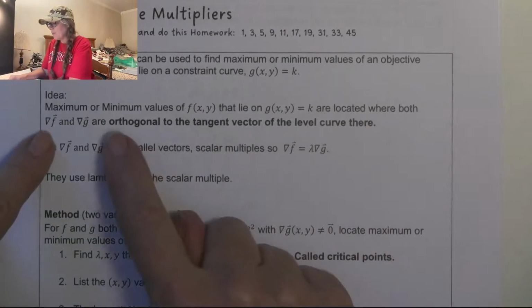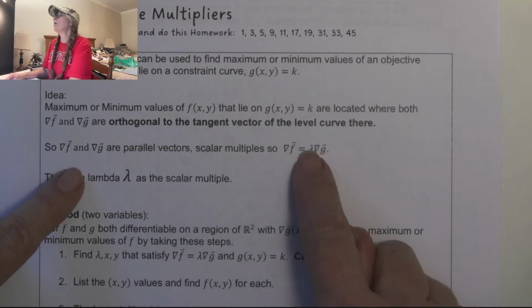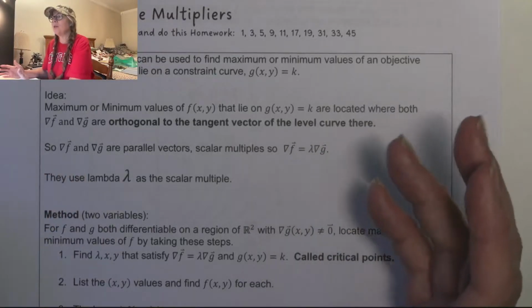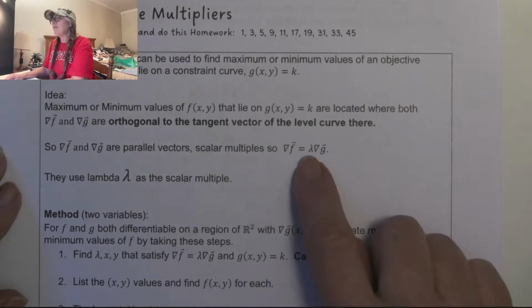We're going to set them equal to one another, and they're going to be different just by a scalar because they'll be parallel to one another at that point. And the scalar that they use is lambda.